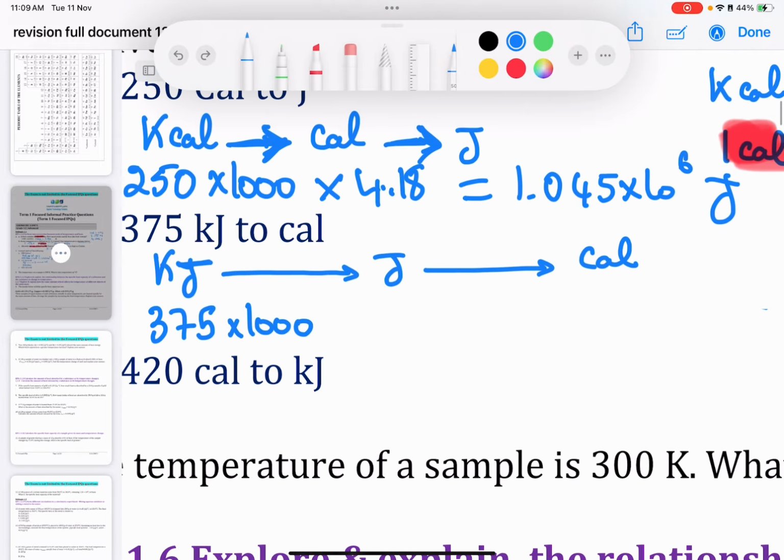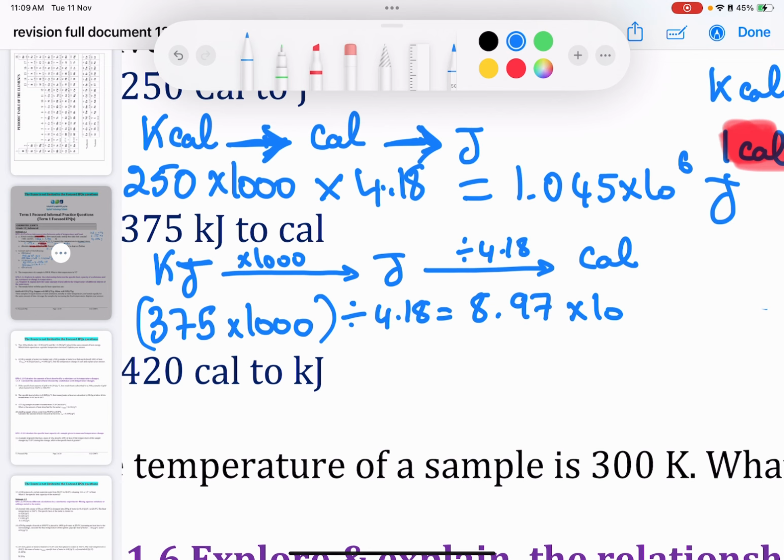So from joules to calories, we divide by 4.18. So my final answer is going to be 8.97 times 10 to the power 4 calories.